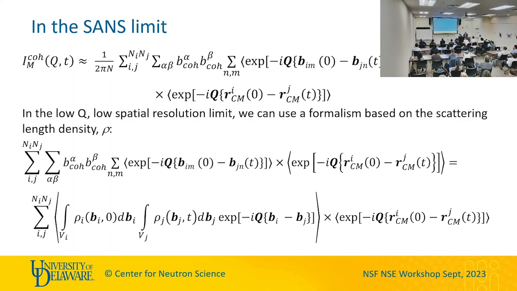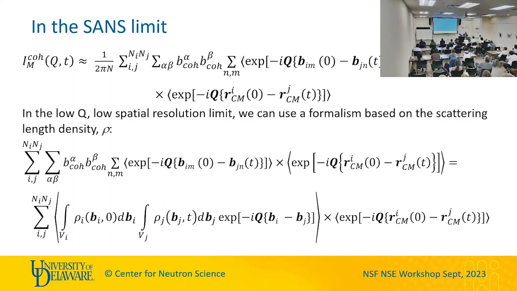So instead of having the granular view of each scattering center being a nuclei, I can do an integral, as is being done in SANS. And instead of considering the scattering power of each single atom, I consider the scattering length density of groups of atoms put together. So that's how now I have this integral over the volume.